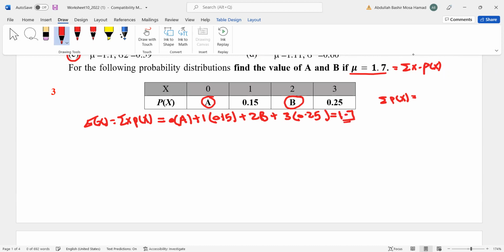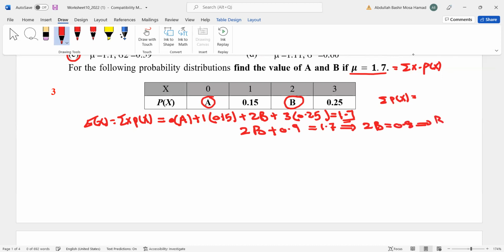So this 0, this 0.15, and this 0.75. This with this is 0.9. So 2b plus 0.9 equals 1.7. This means 2b equals 0.8.